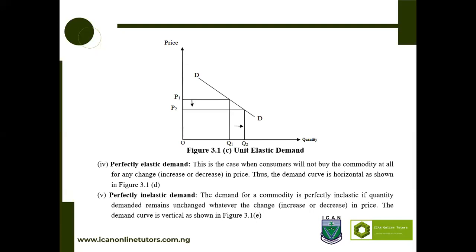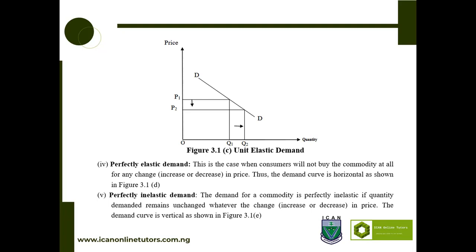So, with the difference in that price, the consumer may decide not to buy the commodity at all. In a situation when a consumer decides not to buy a given commodity at all, either due to a change in price, increase or decrease, that is what is known as perfectly elastic demand.